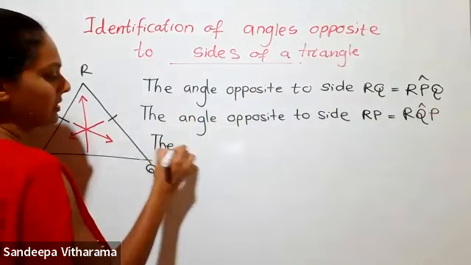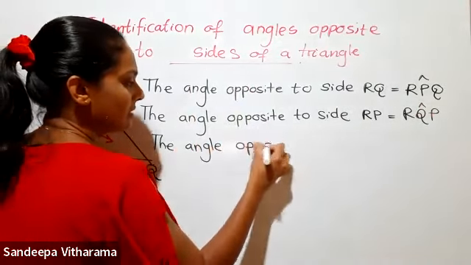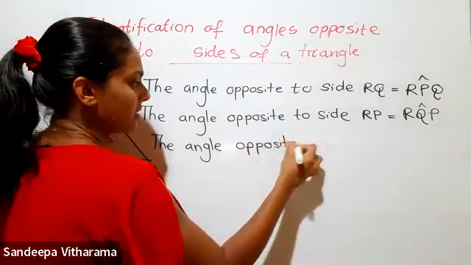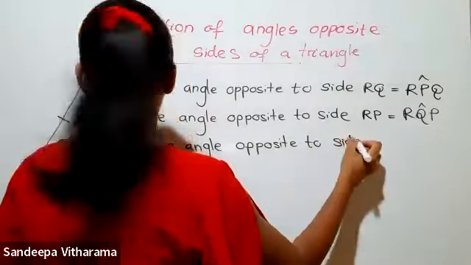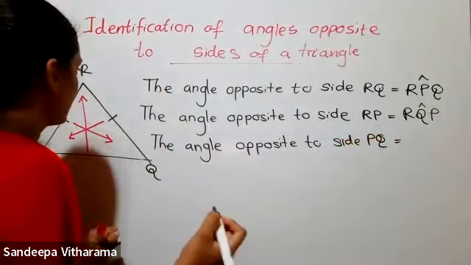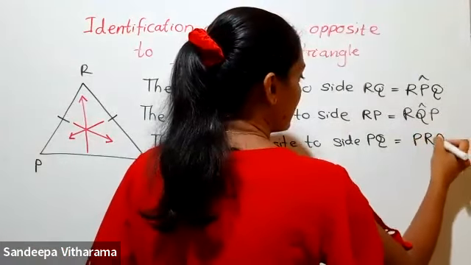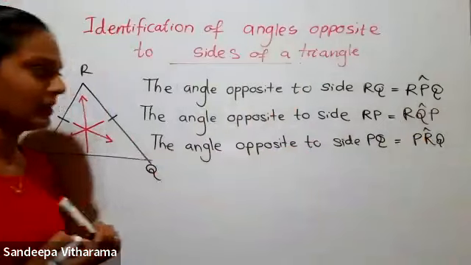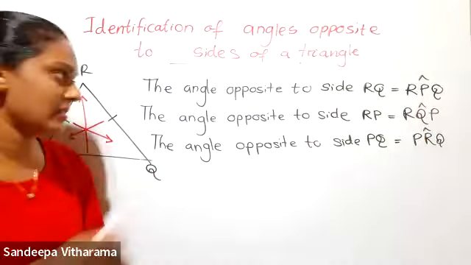The angle opposite to side PQ equals PRQ. Okay. Now here, underline the word opposite.